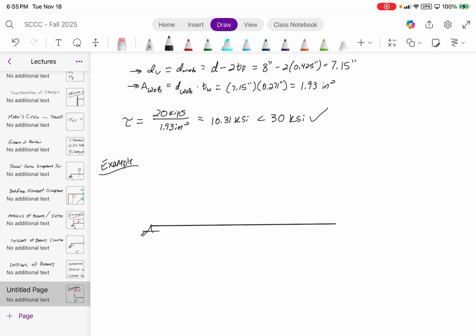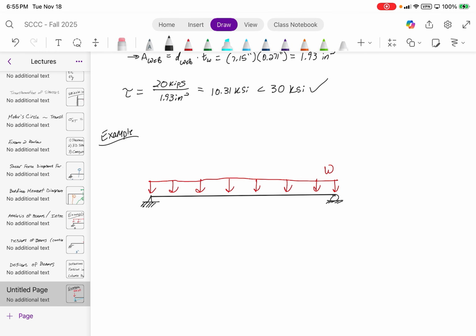I'm going to give you guys something a little bit different now. Let's say that this is a length of about 15 feet.